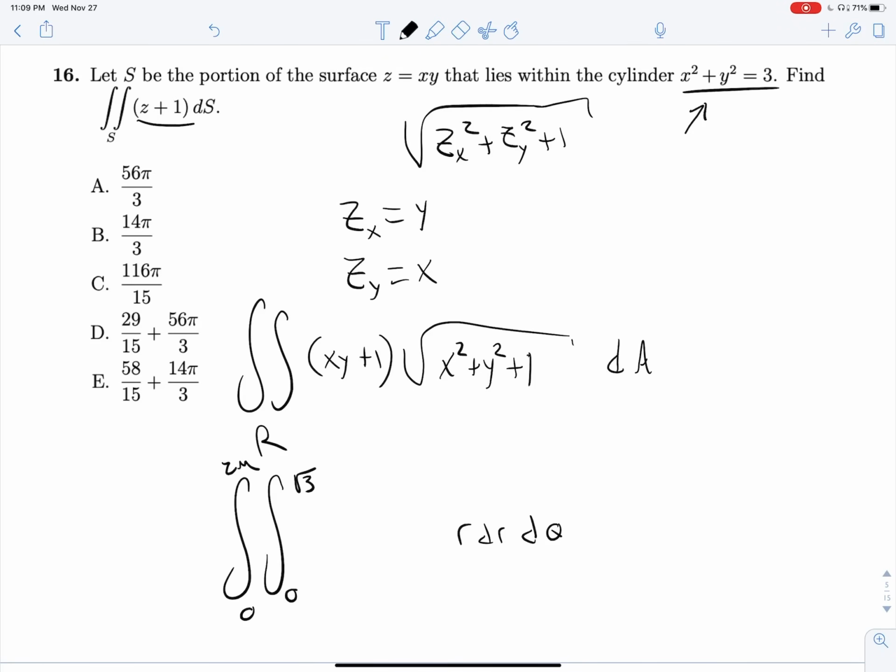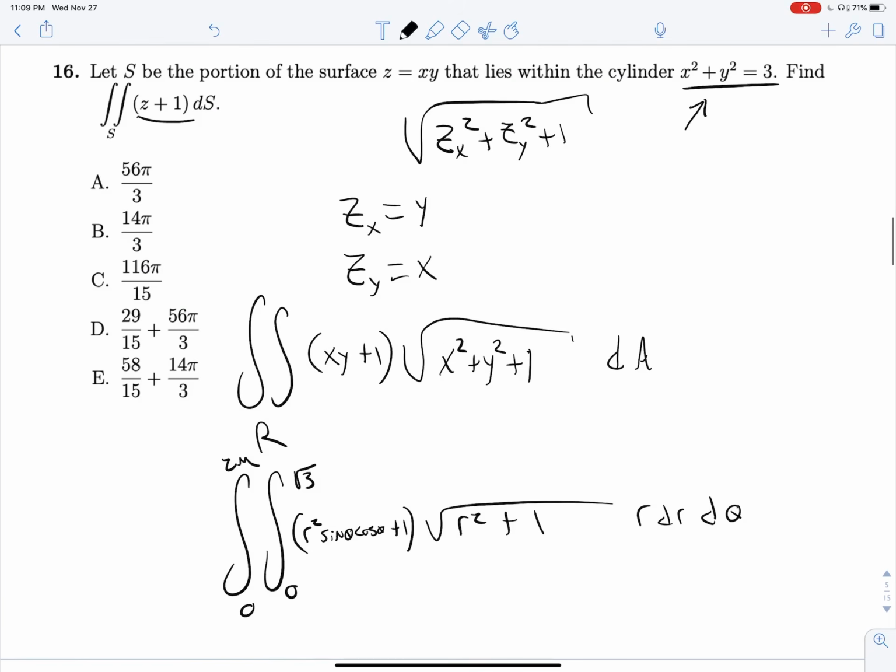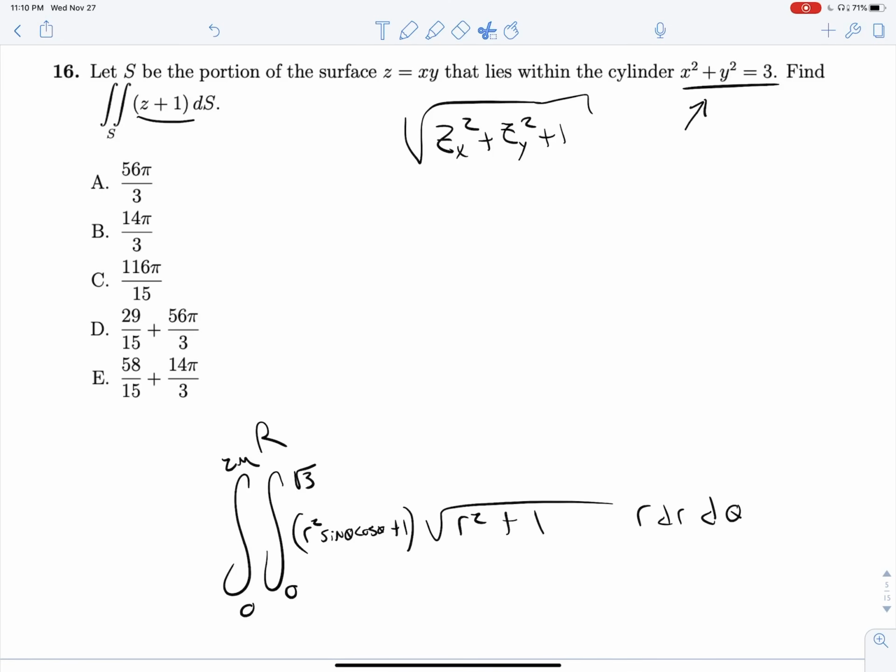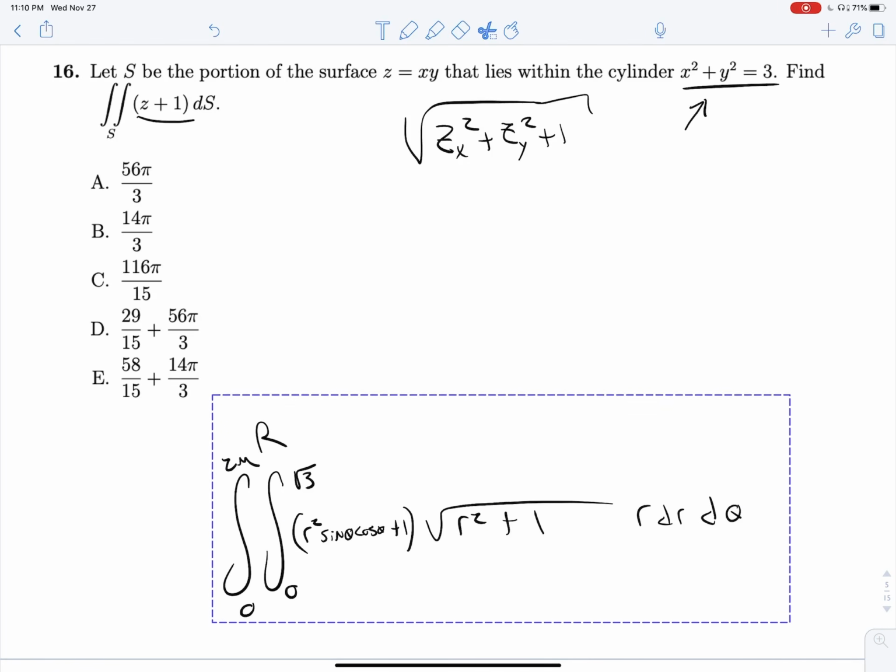Okay, but it gets pretty ugly when we've got to replace everything else. So this is going to be r squared sine theta cosine theta plus 1. And I'm going to have to move this out because we've got so much stuff, times the square root of r squared plus 1. And as you can see, this thing is super ugly, and we're going to need a bunch more space to deal with it.